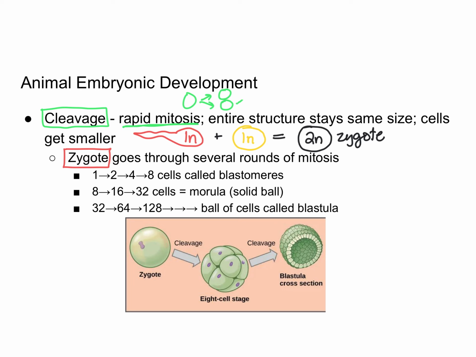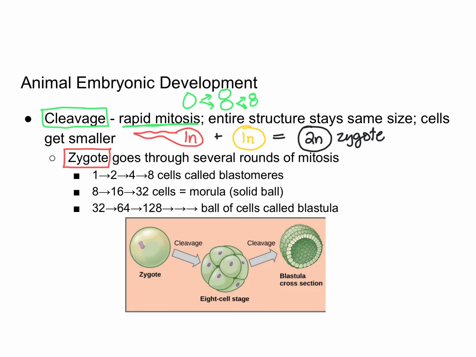And then each one of those cells can then produce two more identical cells. So you can very quickly go from having one cell to having two, and then four, and then eight. And so every time mitosis happens, each one of those cells is going to create two new identical cells. And so you end up with this exponential growth of the structure.